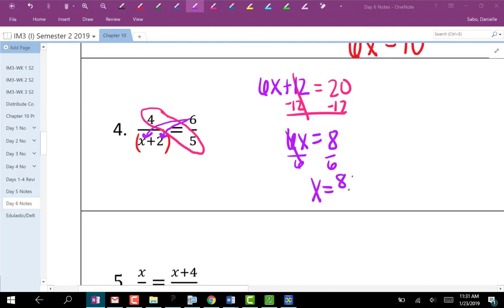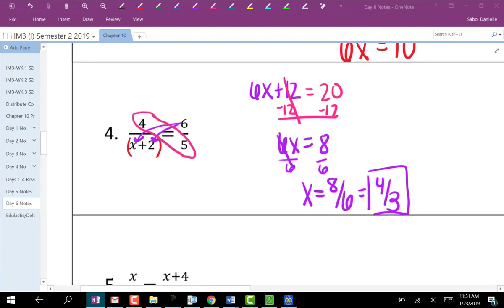You should get x equals 8 over 6, which reduces to what over what? Very good, 4 over 3. So that's my final answer. Again, I will accept decimals, but it is preferred, or on a multiple choice, it will be a fraction form. Questions?